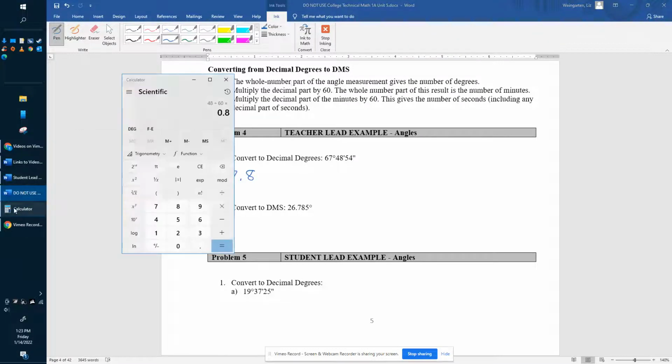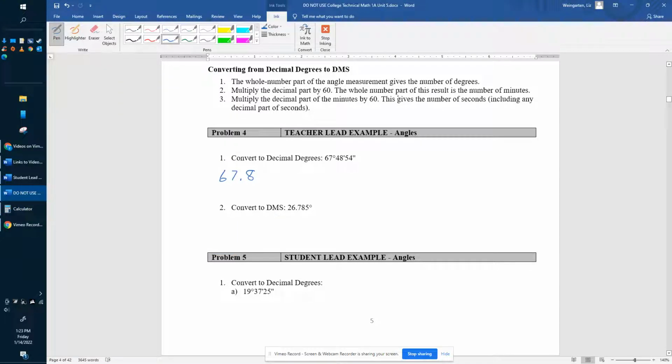Then we're going to look at our seconds. We're going to take seconds, divide it by 60 twice, and we get 0.015. So that is our final answer.